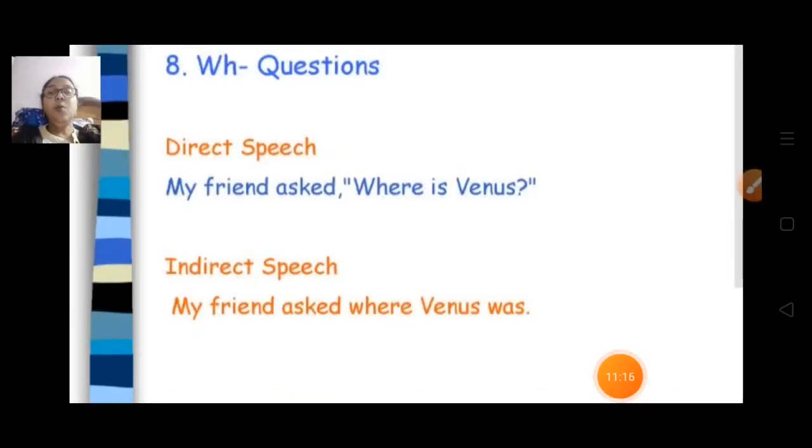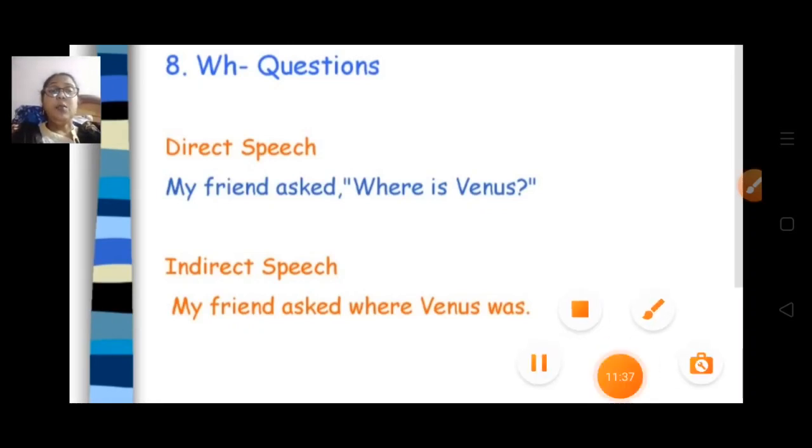Now let's see more examples of question words, that is WH. Direct speech, if it is written, my friend asked where is Venus. So here you can see in the example I have given, my friend asked where Venus was.